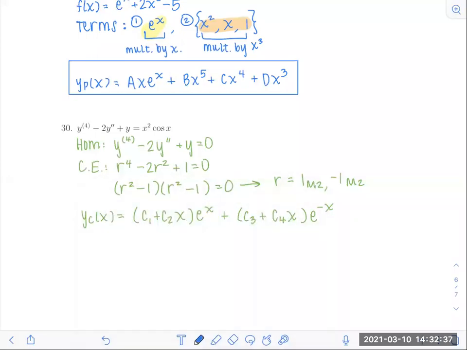So now switching colors, moving back to the non-homogeneous DE. Let's take a look at our function. Our function is x squared cosine x. And we for sure want to include that term in our list of terms, namely x squared cosine x. But this function is a little bit more complicated. So let's list out some of the derivatives.